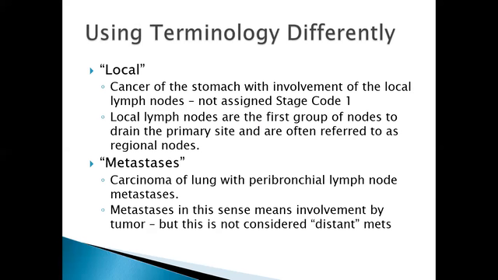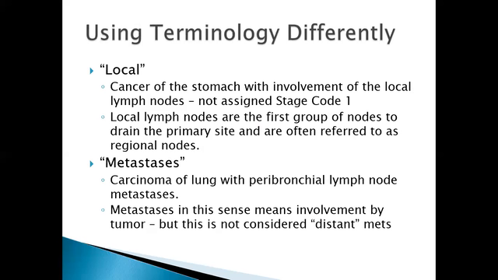Or you could have the opposite, where metastases is used in the context of carcinoma of lung with peribronchial lymph node metastases, okay? Metastases in this context means it's involved by tumor or cancer.